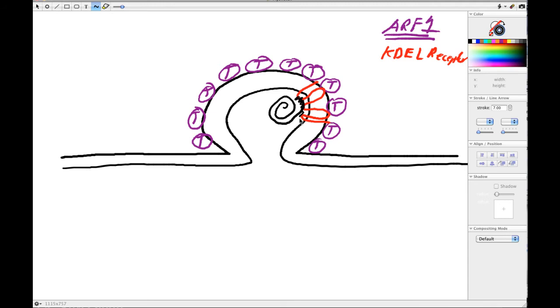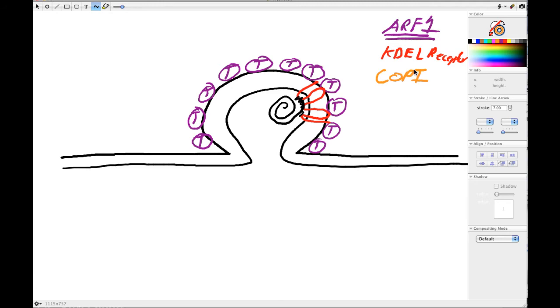So that's where we were last time, but what's bending the membrane? This is going to be really easy to remember. It's COP1. So the COP1 coat is made of several different proteins, all with Greek letters. So there's like COP1 alpha, COP1 beta. There's a whole slew of these proteins that act together to form the coat.